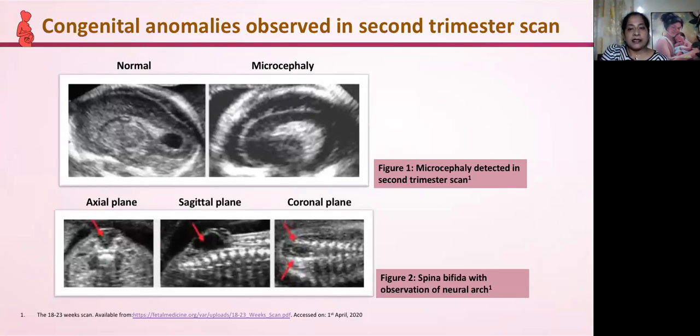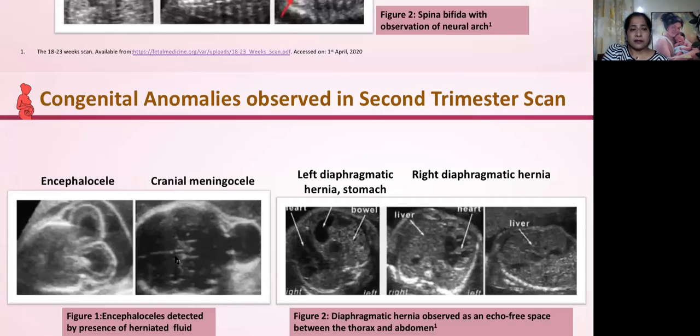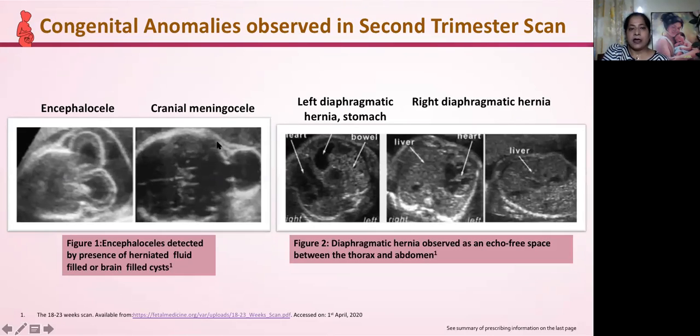Then some anomalies as can be seen in these pictures: microcephaly, spina bifida in axial plane, sagittal plane, coronal plane, encephalocele, cranial meningocele, left diaphragmatic hernia showing the stomach, and right diaphragmatic hernia with evisceration of the liver.